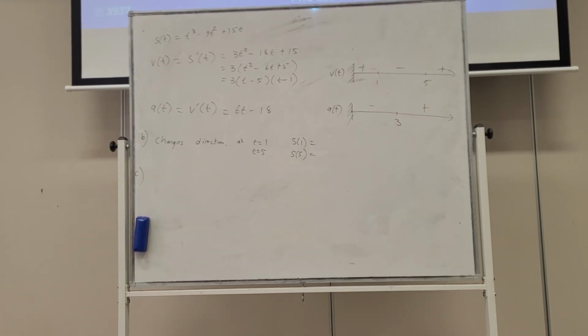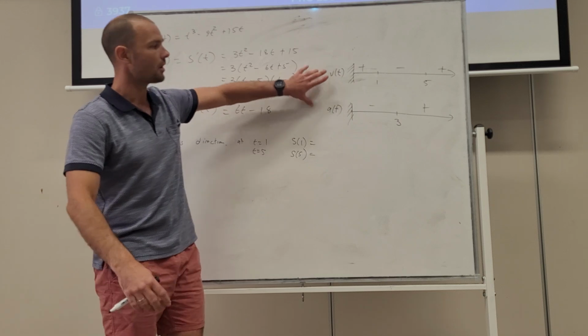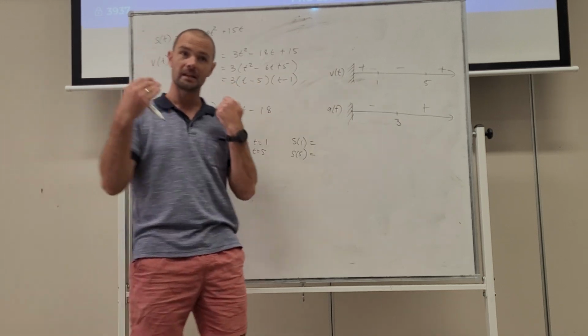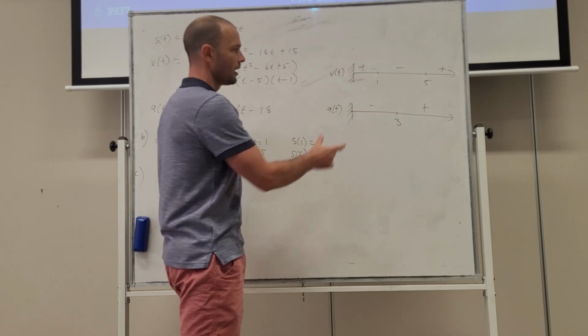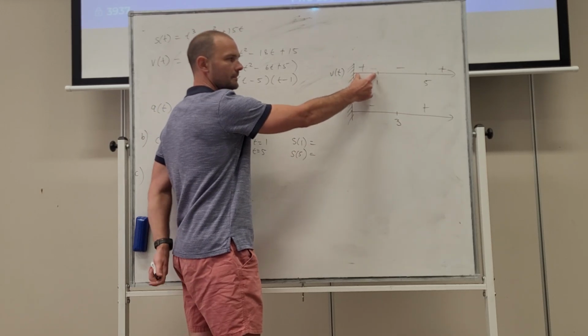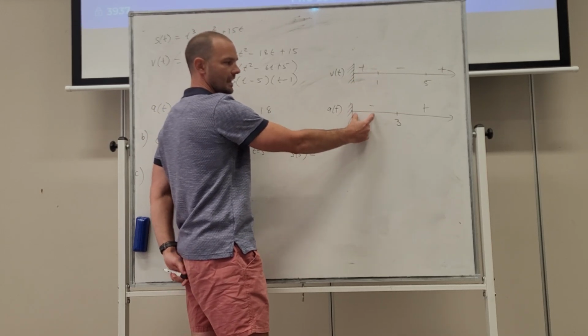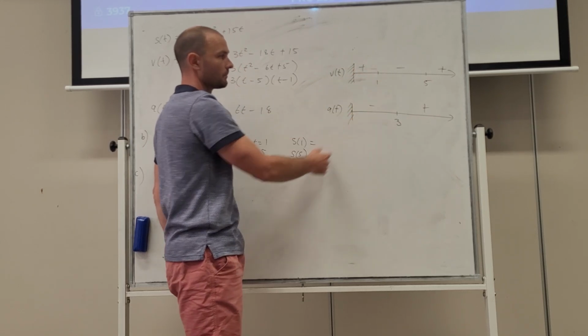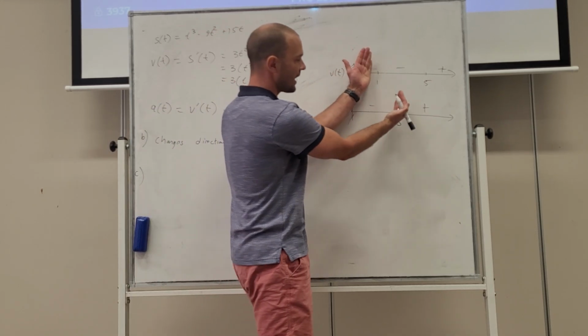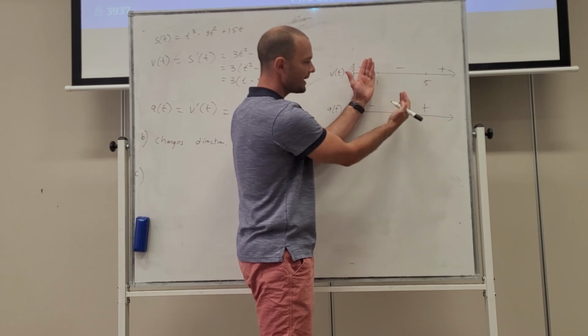So this is why the question's got us to draw these sign diagrams. We can observe the intervals where they have the same sign. So between 0 and 1, v of t is positive and a of t is negative. So speed is decreasing over this interval. They have opposite signs. Between time is 1 and time is 3, both of them are negative.